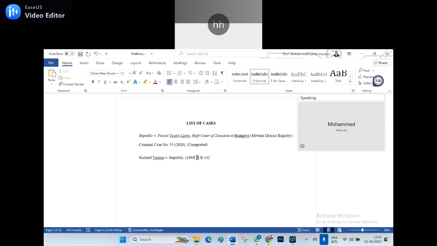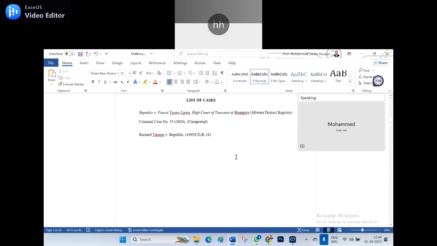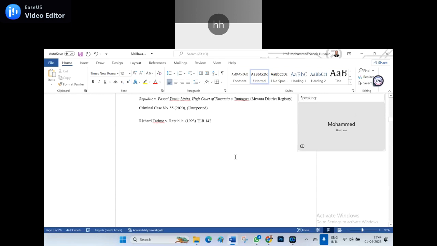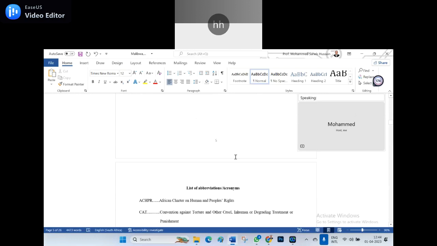For example, All England Report is in volumes, and King's Bench volumes, and Appeal Court, AC, it is also volumes, and Times Law Review is in volumes. Those things come in the square bracket. But other things write in the round bracket. But EALR, you can put in the square bracket because there are rules.